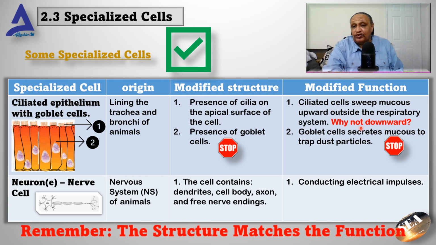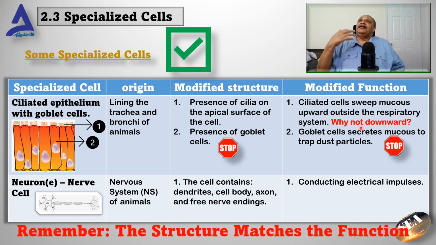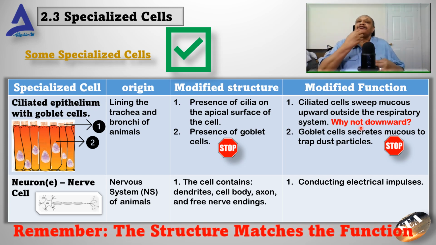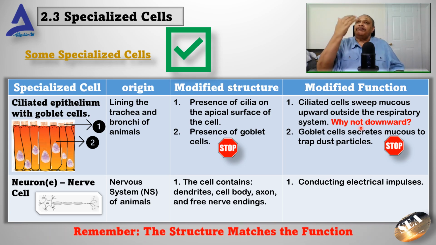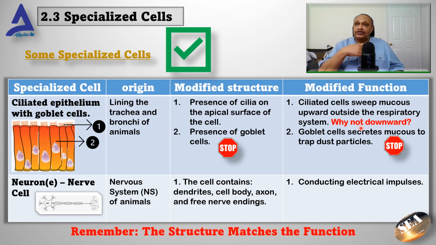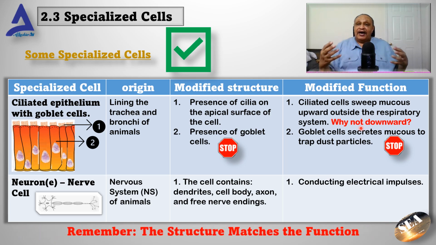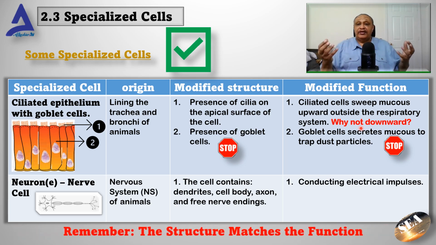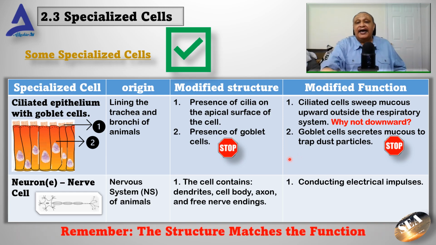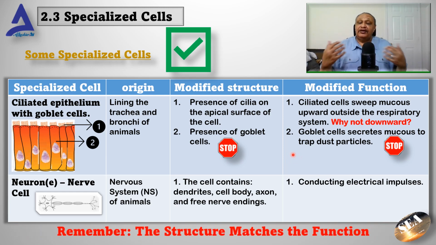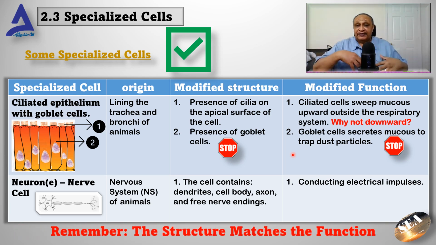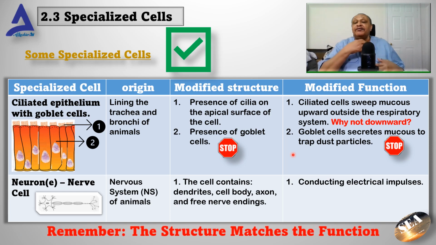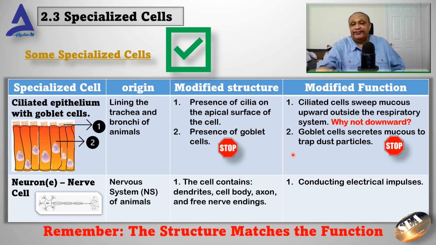Why is it upward? Why not downwards? Let us assume that whenever you have mucus, you mop it downwards towards your lungs. After a while, your lungs will be filled with fluids, mucus, and this mucus is going to kill you, because you are going to be drowned in your mucus, and you are going to die of suffocation or asphyxia.